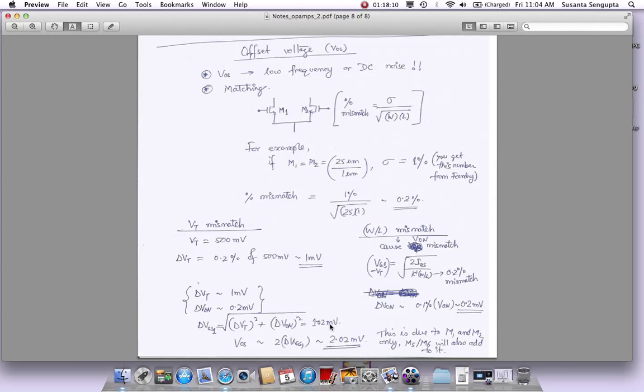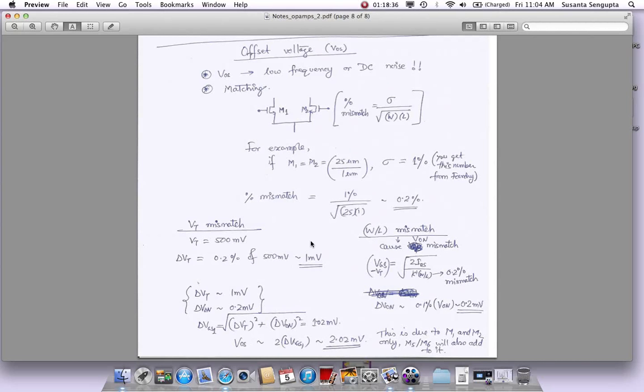So we could have an offset, the mismatch between them, of up to this, and it could be plus or it could be minus. So if you take the range, it could be up to 2.02 millivolt, but this is a 1 sigma number. I'm talking about the range here. And if you talk about 3 sigma numbers, you just have to make it 3 times.